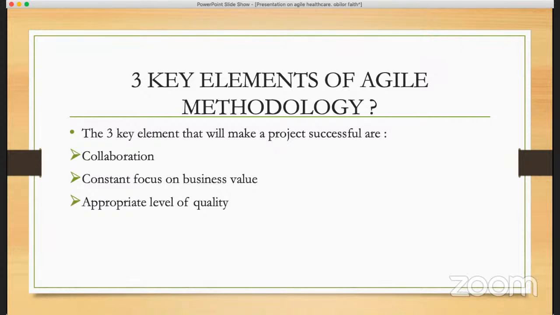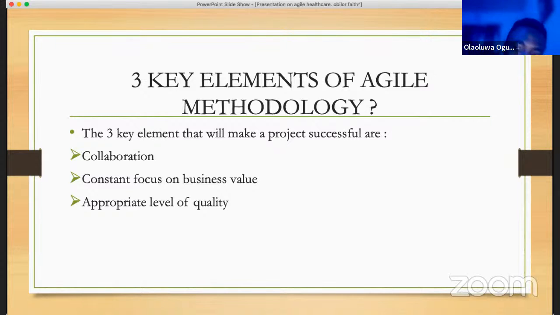Okay, can I answer that? Okay, you can go now. So we say agile is a mindset. There was a time I was talking about applying agile to our daily activities.